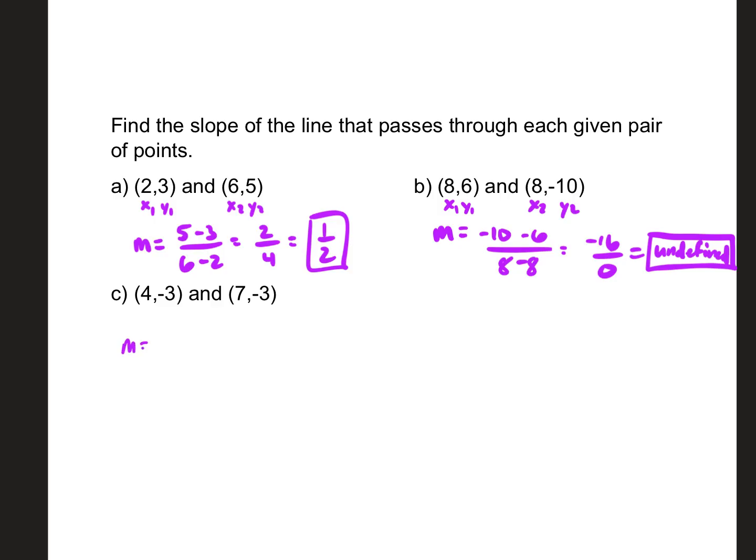Differently from that, with y2 minus y1 over x2 minus x1, when you take 0 divided by something else, that is a slope of 0. So again, doing your slope calculations, you have your formula. It's not going to change, so make sure you have that written down somewhere that you can see it if you don't have it memorized, and make sure you're turning back to it and not forgetting it.